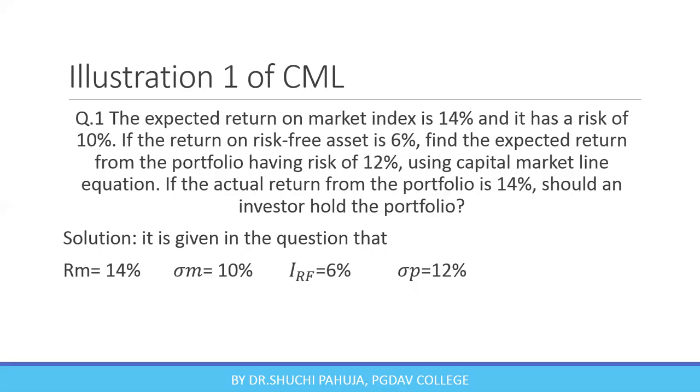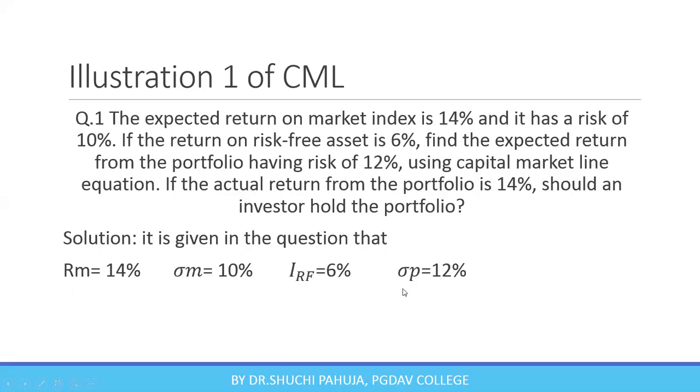Then it is asked, if the actual return from the portfolio is 14%, should an investor hold the portfolio? So information given in the question: return on market portfolio 14%, standard deviation of market portfolio 10%, risk-free rate of return 6%, and risk of the given portfolio 12%.